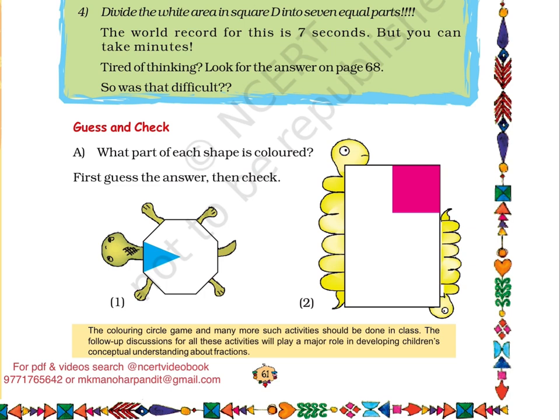The second one is a white rectangle with a magenta square on one of the corners. For the teacher, the coloring circle game and many more such activities should be done in class. The follow-up discussions for all these activities will play a major role in developing children's conceptual understanding about fractions.